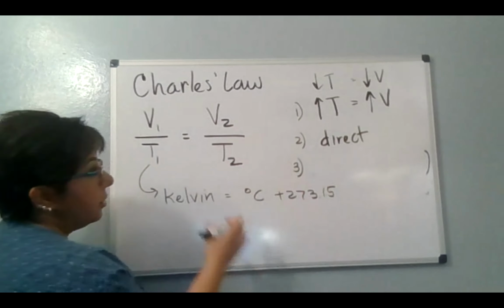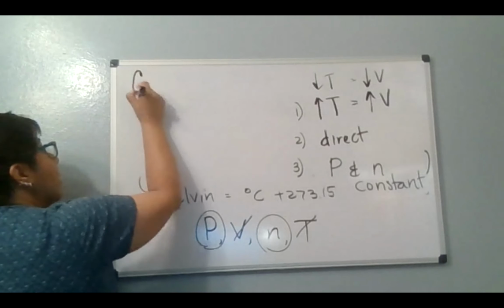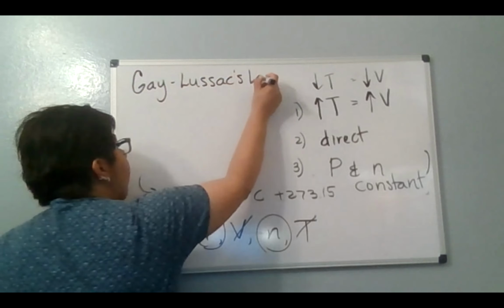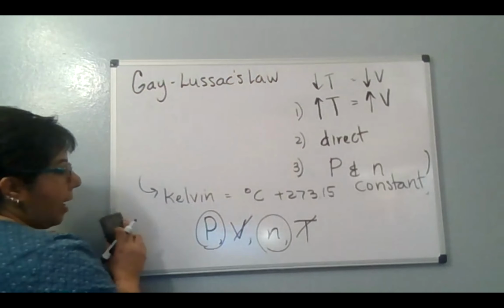The third law I'm going to introduce is Gay-Lussac's law. And let me rewrite this here so we kind of keep up with it. And for Gay-Lussac's law, it's written like this: pressure over temperature under one set of conditions is related to pressure and temperature over a second set of conditions.